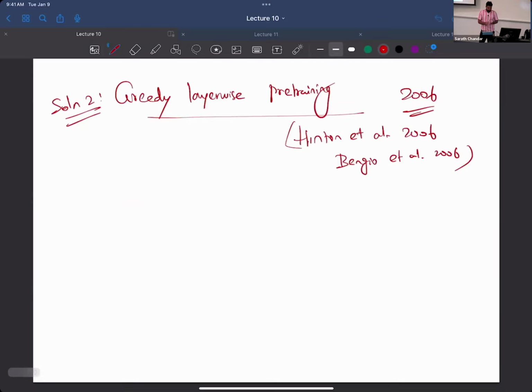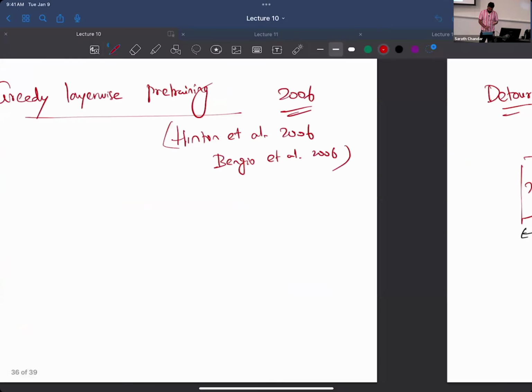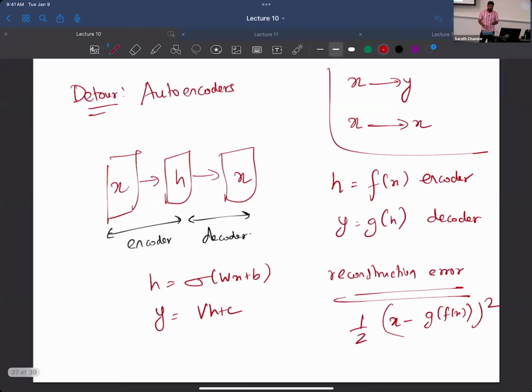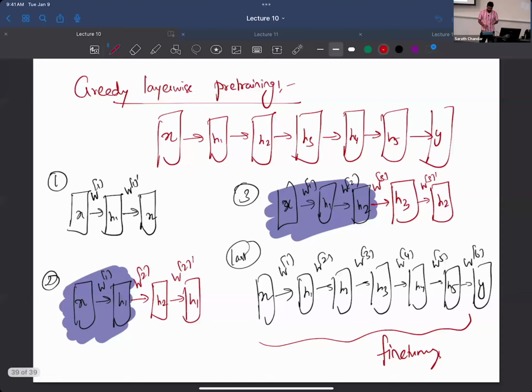The second solution we looked at was this idea of greedy layer-wise pre-training, which was historically the first solution that was discovered for training deep networks, which was based on this idea of autoencoder, right? I'm not going to get into the details of how greedy layer-wise training works, but the basic idea is you train one autoencoder, then you throw away the decoder, you repeat this process so that you have some really good initialization.